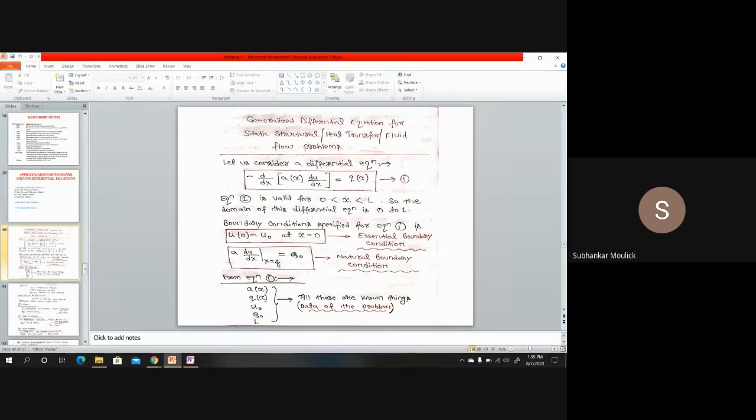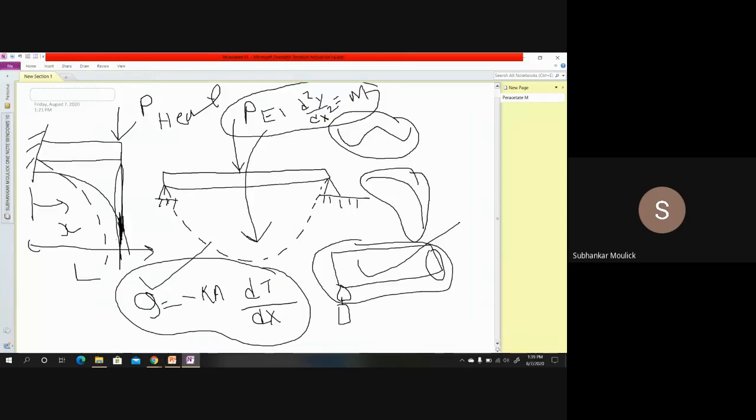At x equal to L, du by dx is q naught. Now is it clear? Yes, sir. That means at this particular point, you find out the value of the slope.